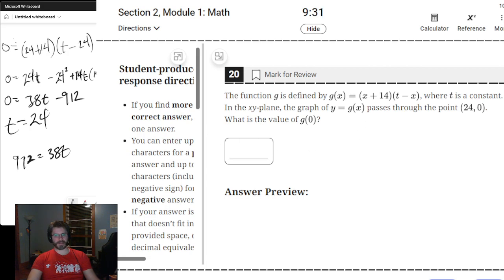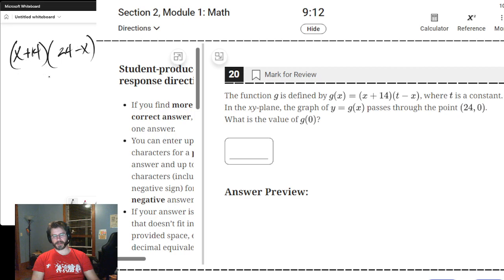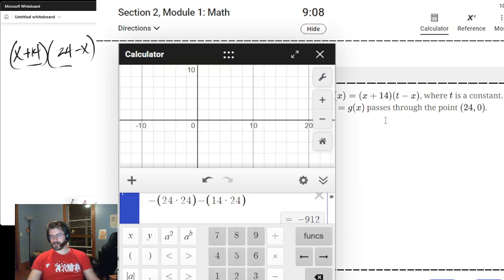That's not what we want though. So what do we get? 24. Okay. So now we're going to plug that back in. X plus 14. I'm going to switch this to standard mode. I guess we'll leave it 24 minus x. And we're going to distribute that out, but all we care about is the 14 times 24.